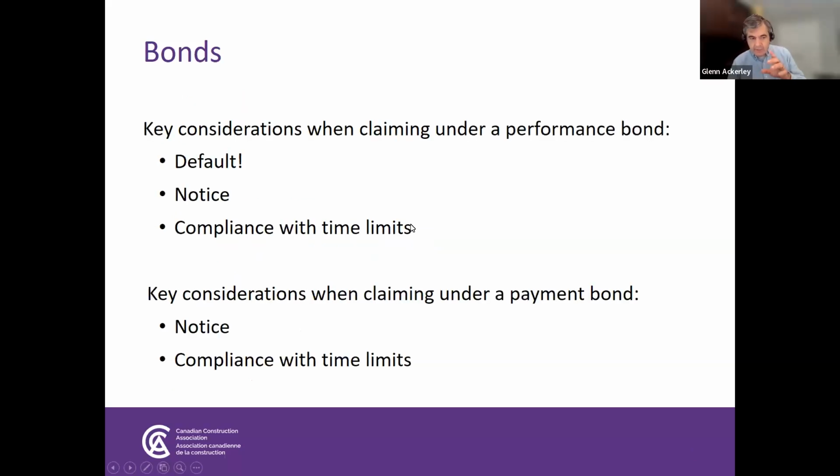So we're going to talk now about one other aspect that's important as you're reviewing your contract, and that's reading what the bond also requires. But just before I do, we're talking about 50% versus 100%.